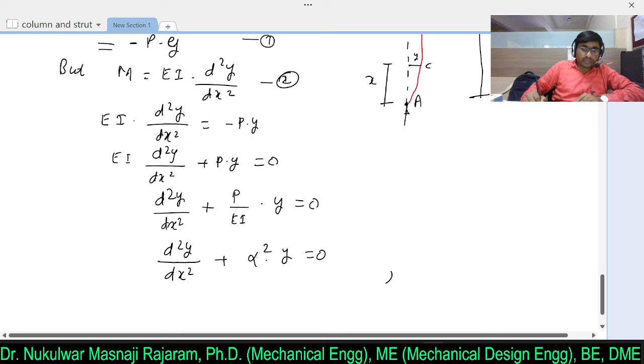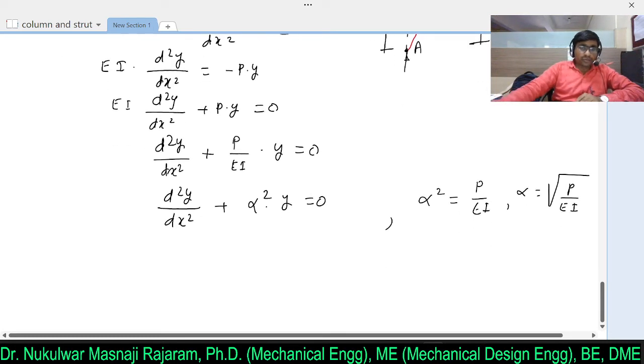Now you may be thinking, what is this alpha square? So I am considering alpha square equal to P divided by EI, or alpha is equal to under root of P divided by EI. Now this is a very well known expression.